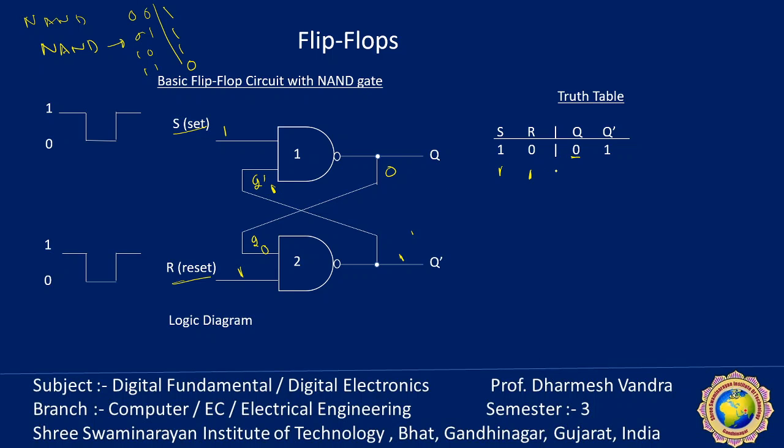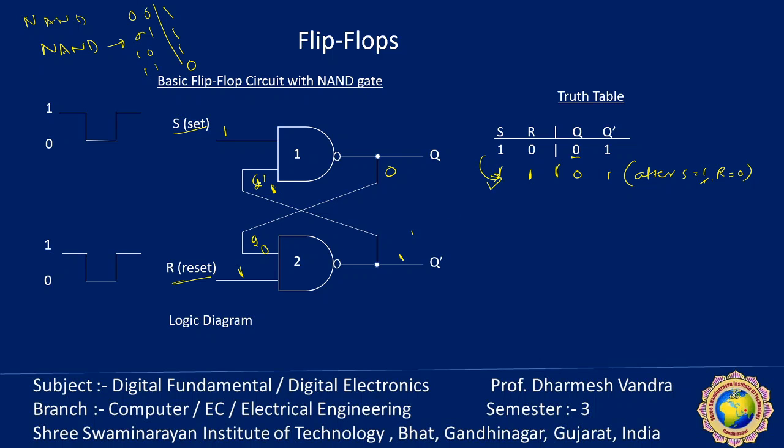After this condition, okay, so 0 1, 1 1, 1 0, so it remains the same. This is after S equal to 1 and R equal to 0. Okay, so now 1 1 is a stable condition.